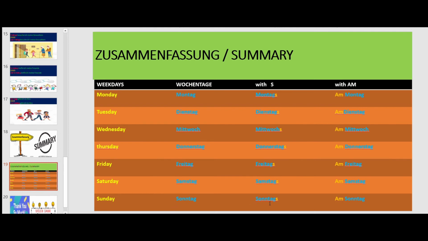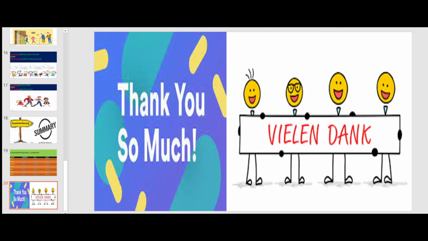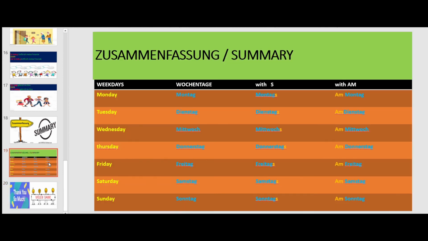Sonntags, on all Sundays. Am Sonntag, on that particular Sunday. So, this is the Zusammenfassung. I hope now the weekdays are quite clear to you all and you will learn them by heart.